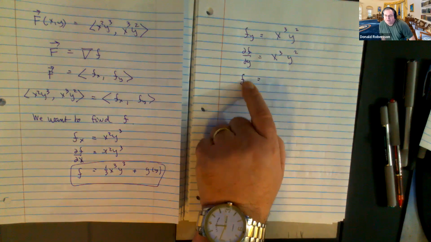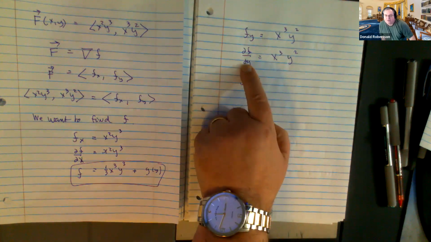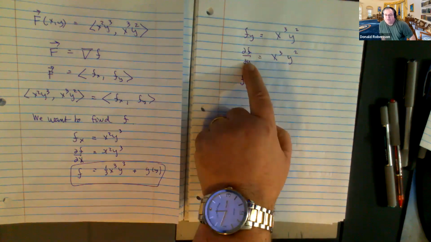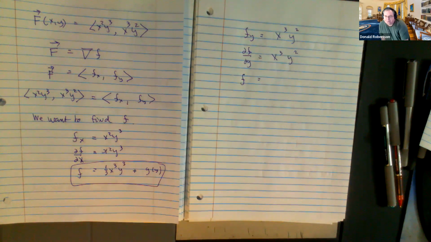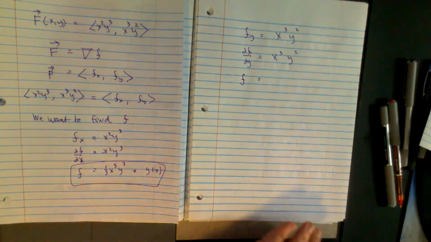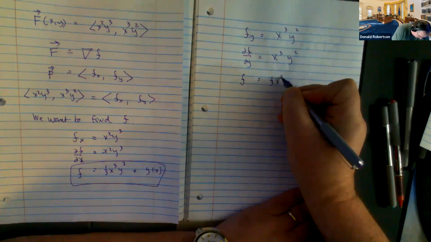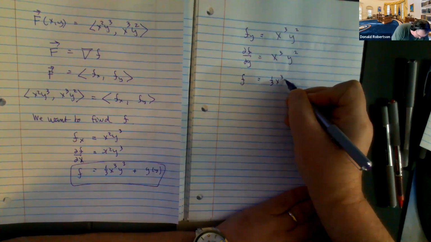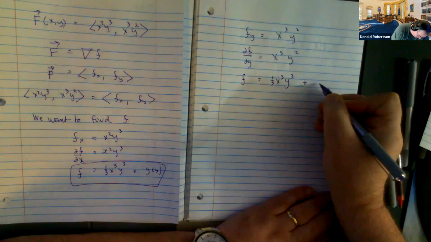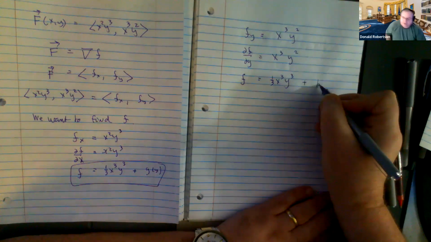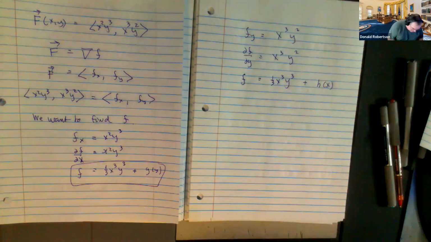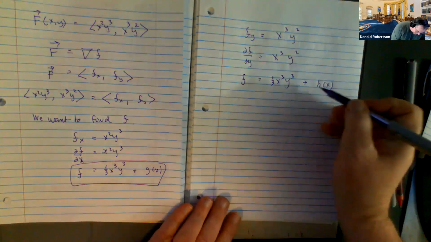I know the partial derivative with respect to y is this. How would I find f? Partial integration. Right? And I get 1/3 x cubed y cubed plus a constant, which is some unknown function of x. And that's my second guy.